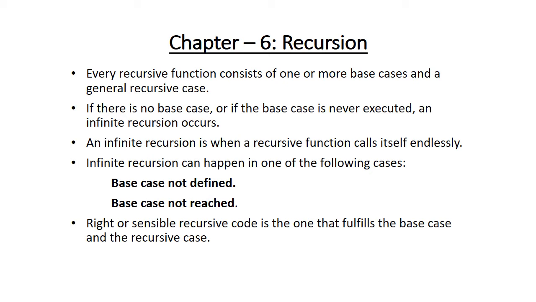It can happen in one of the following cases: base case not defined, or base case not reached. Right, or sensible, recursive code is the one that fulfills the base case and the recursive case.